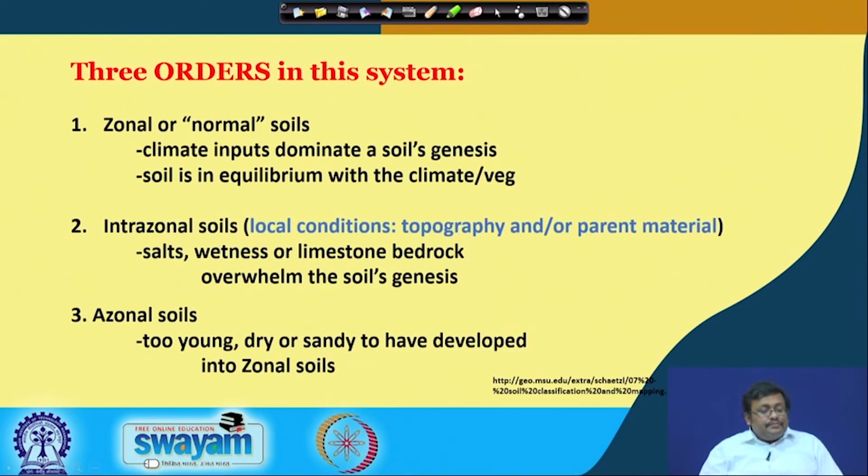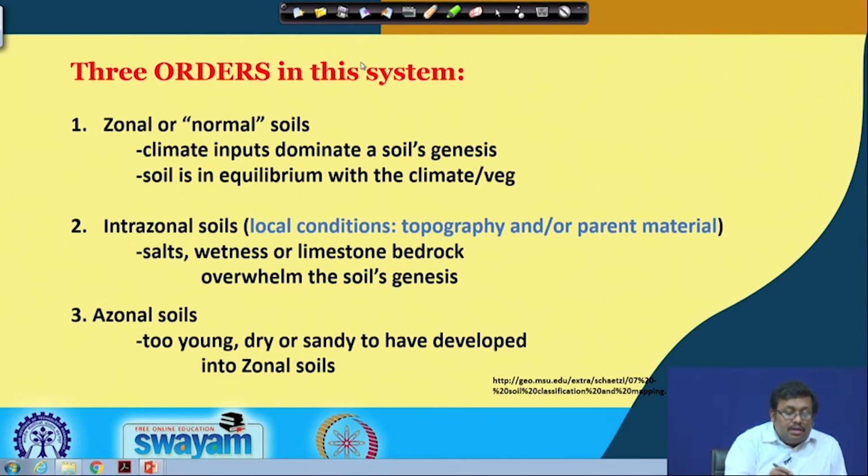And so, Baldwin and other associates classified the soil into three categories. One is zonal or normal soil. Now, normal soil was the name given by Dokuchev. Then intrazonal soils and azonal soils.